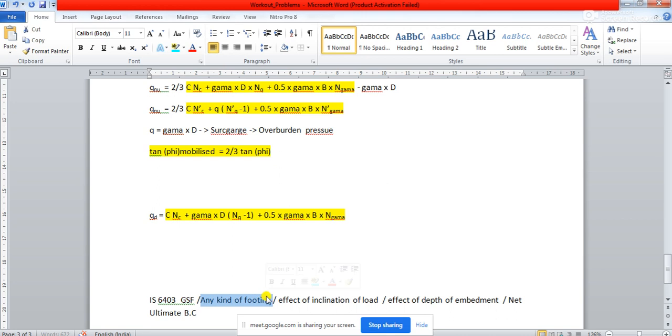Any kind of footing means the shape of the footing. Let us write the shape of the footing.